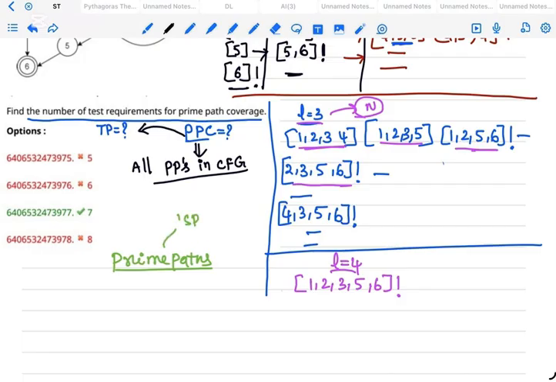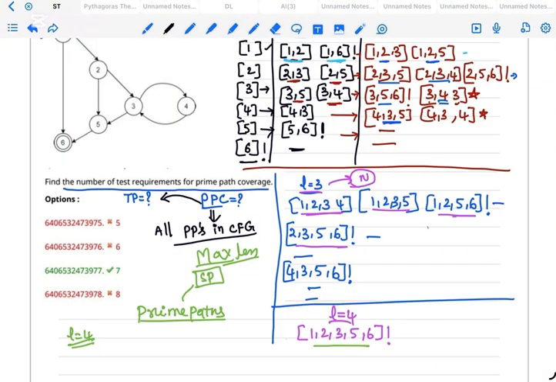Okay, now we want to find the prime paths, or maximum length simple paths. Prime paths are all the simple paths of maximum length, right? So first we will go from backwards, length 4. First prime path of length 4, 1 2 3 5 6, and this ends with final vertex 6.